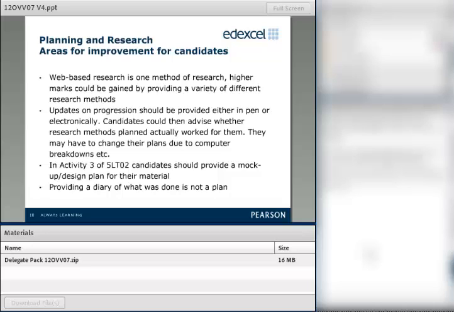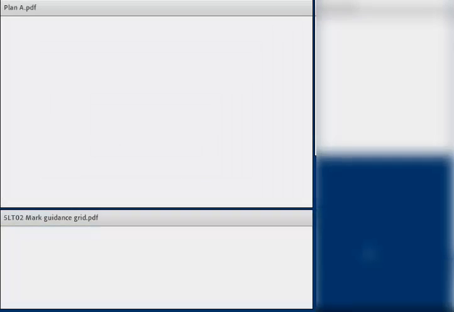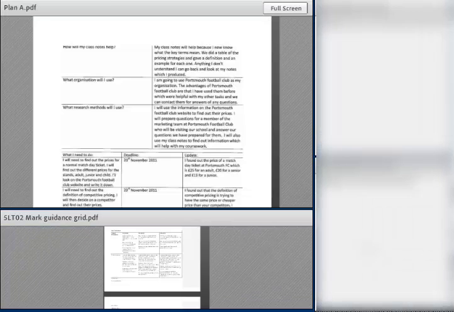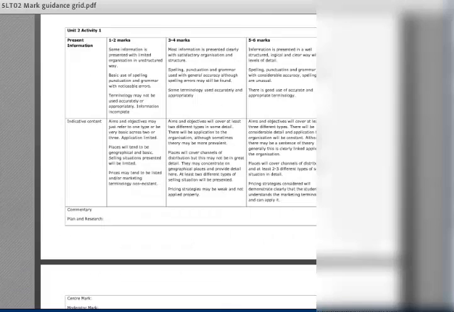Mel, I'm going to hand over here because I want to have a quick look at a plan, and I think it's the first activity that you've got there. So if you could bring it up for me, thank you very much. Now, I don't want to spend too long at this. I'm just going to grab the mark guidance grid, which is down at the bottom.